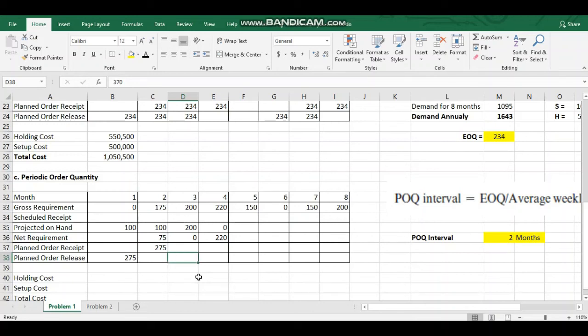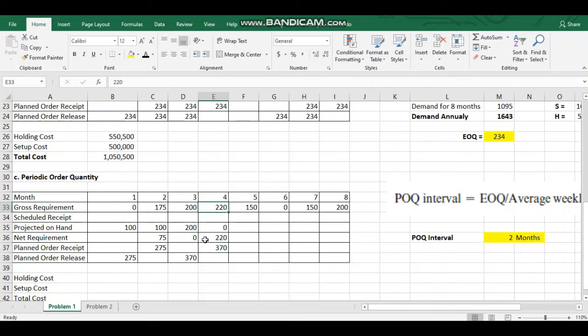But we order as much as the total of net requirement for the fourth month plus the gross requirement for the fifth month, so it becomes 370 units, and it will be received here.